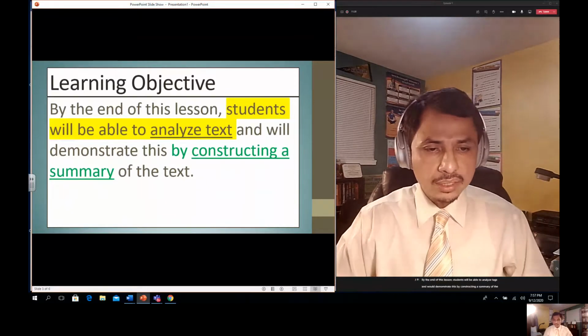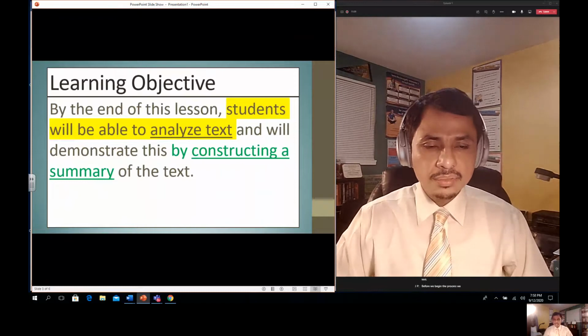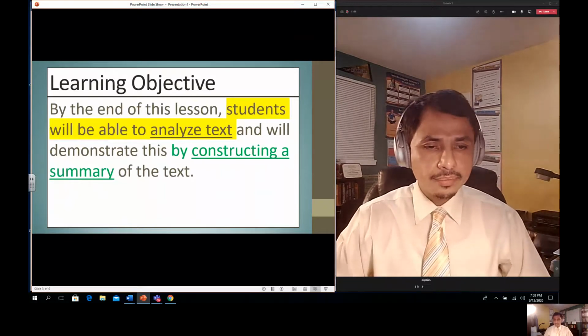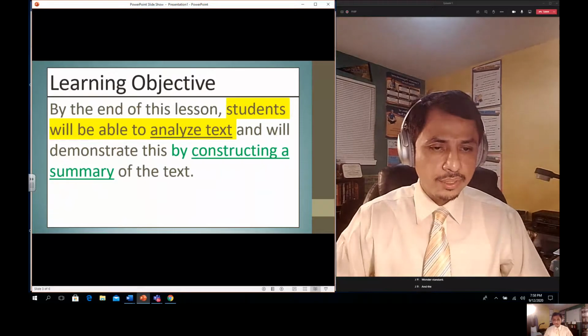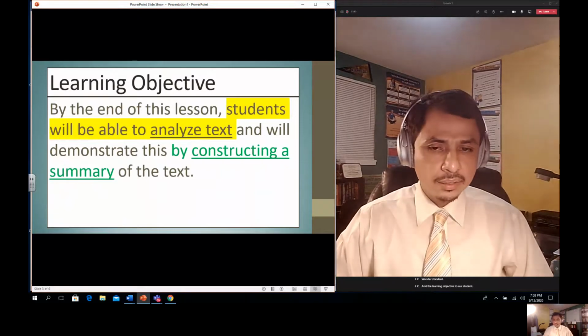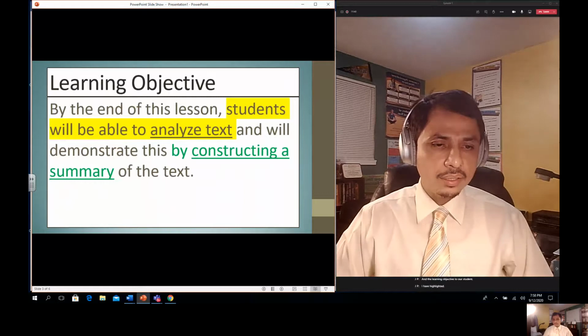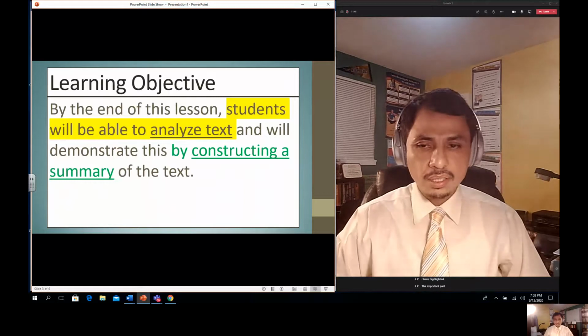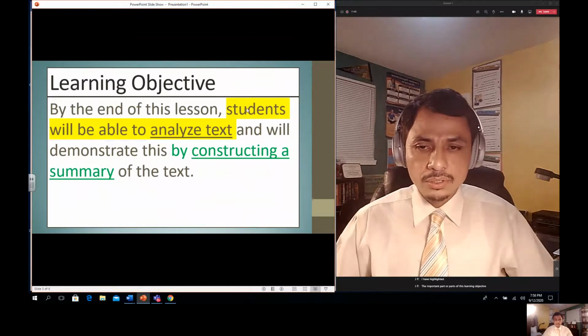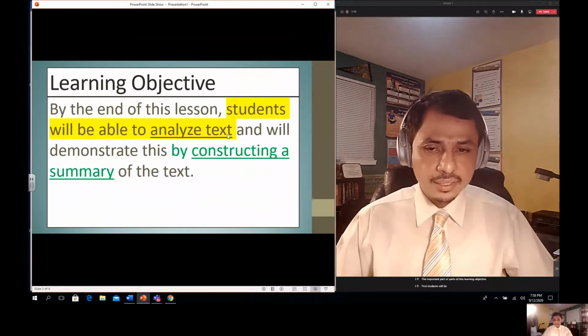Before we begin the process, we want to take some time to explain the standard and the learning objective to our student. I have highlighted the important parts of this learning objective. First, students will be able to analyze text.